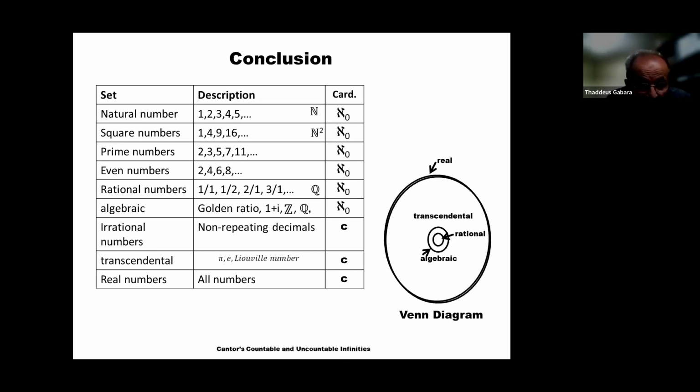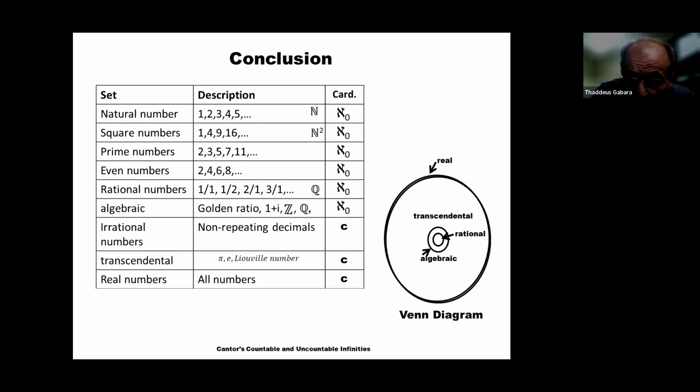The irrational numbers, which are non-repeating decimals, and the transcendental numbers have the magnitude of the continuum. And all of the real numbers have the magnitude of the continuum. So I've shown a Venn diagram, and the outer circle is all the reals, and contained within is the rational numbers.